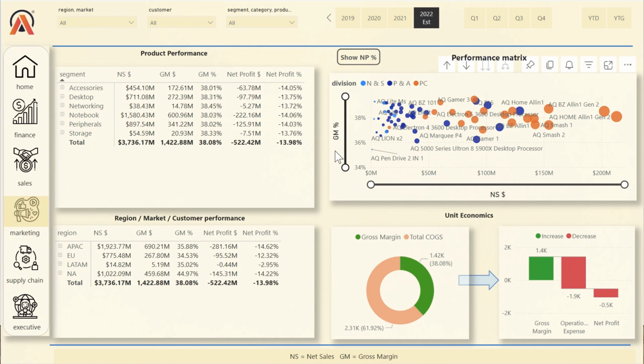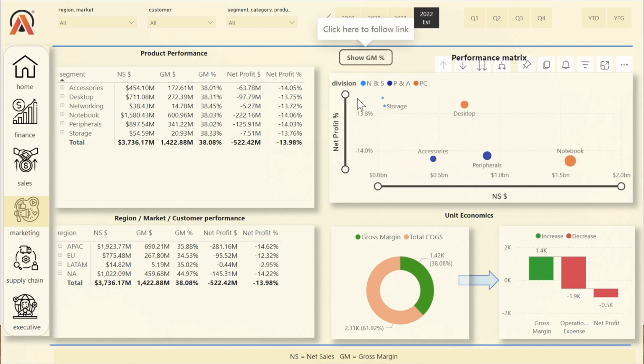We achieved that by using a toggle button between two different visuals. If I click this button, we now are seeing a different visual. There is just one change in this visual, which is that we are seeing net profit percentage here.